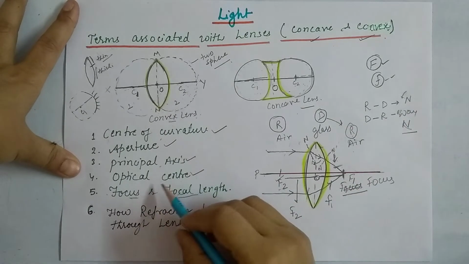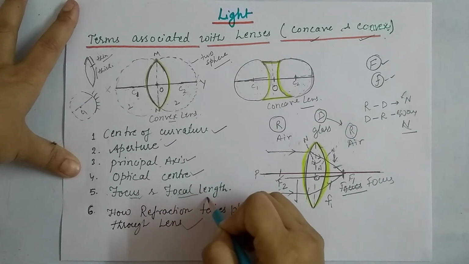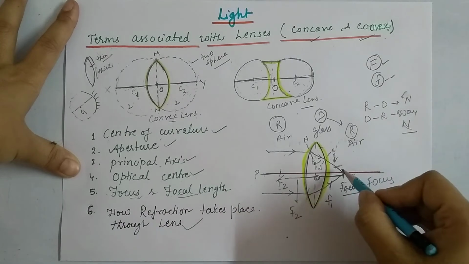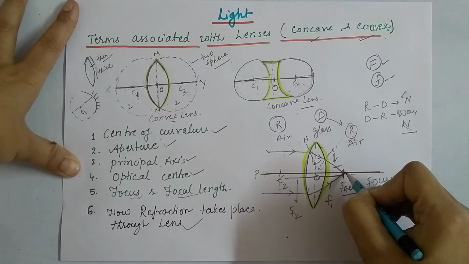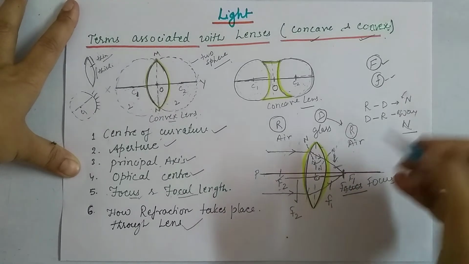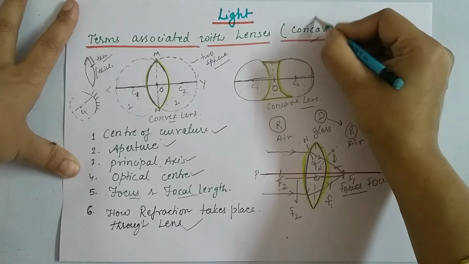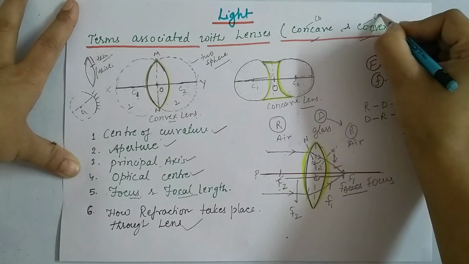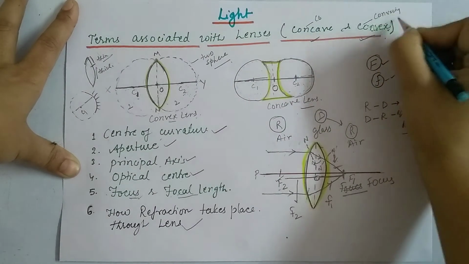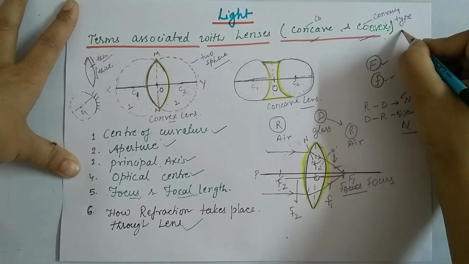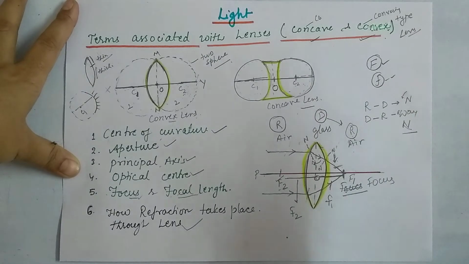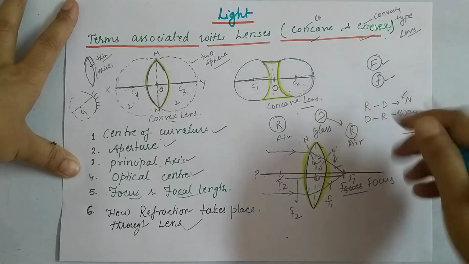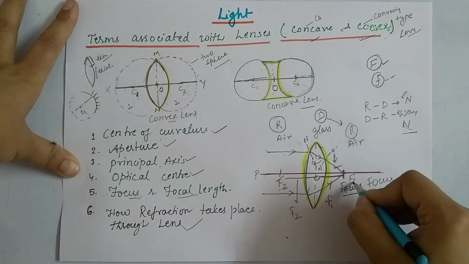So in this way we understood what focus and focal length are, and you are seeing here that a convex lens is converging the incident light rays. So it is a converging type of lens. Converging type of lens means it converges all the rays at a point, that is called focus.